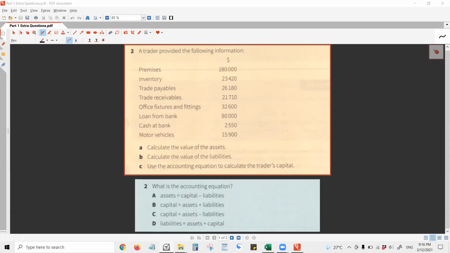Also do this one, the one on the next page. Do all the questions in this PDF.